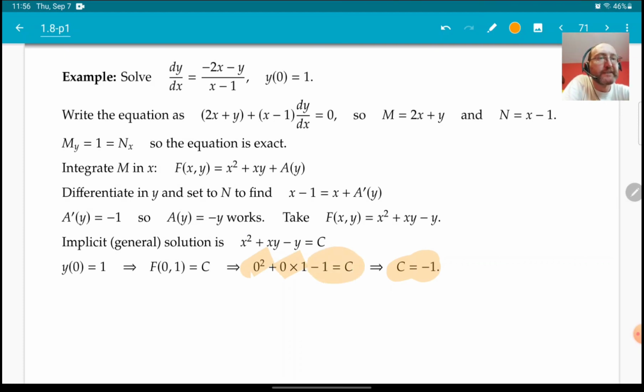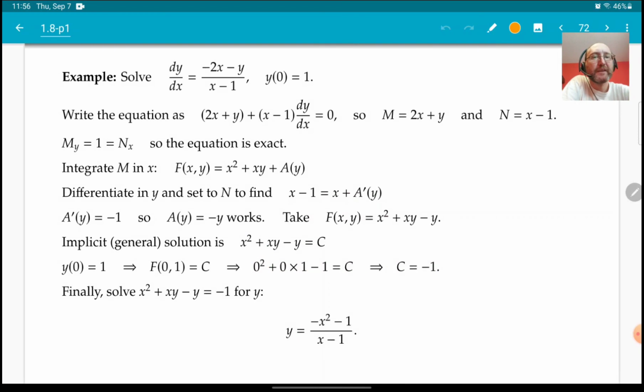All right, so C is minus 1. So this is the specific solution, and it's still implicit, but we can solve this for y. So we can find an explicit solution now, and that's what it is. Okay, so that's fairly easy.